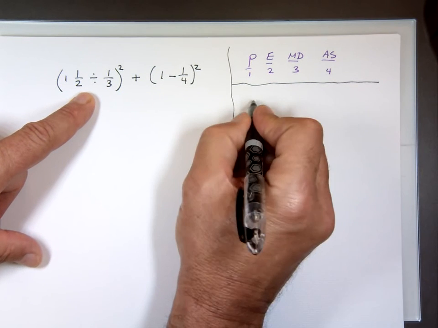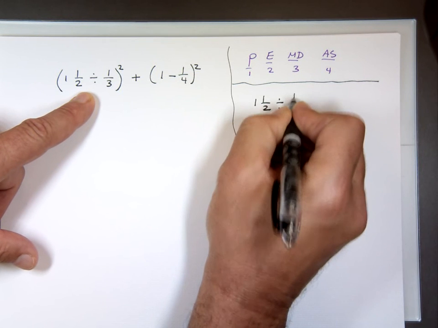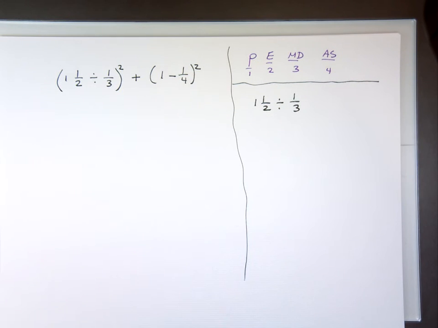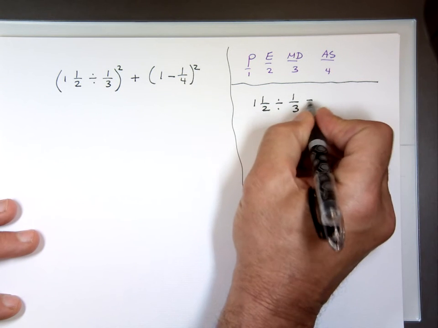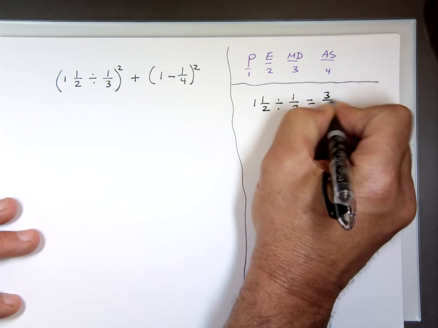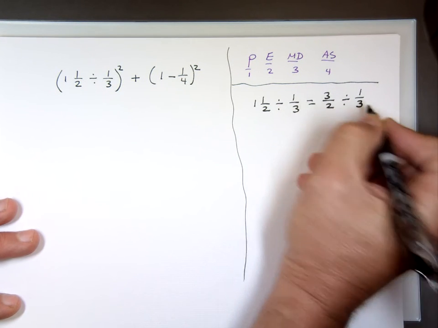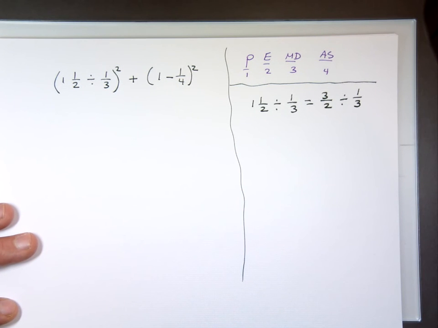1 1/2 divided by 1/3. Notice that's a mixed number. When you have mixed numbers for division, first step is change them to improper fractions. 2 times 1, 2 and 1, 3/2 divided by 1/3. Keep, change, and flip.